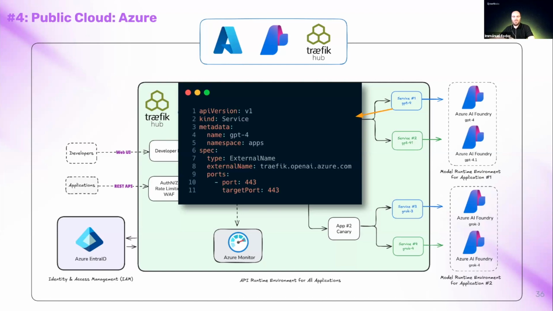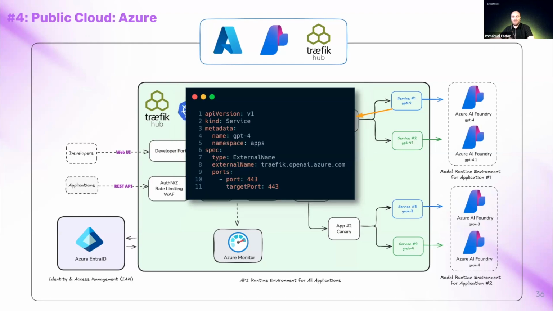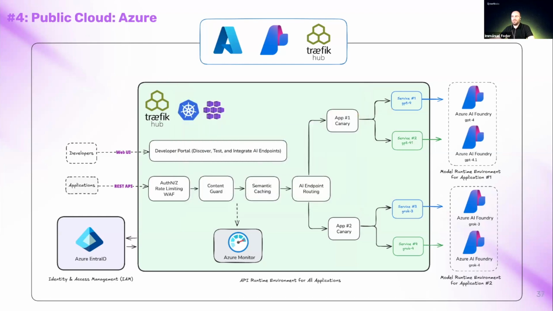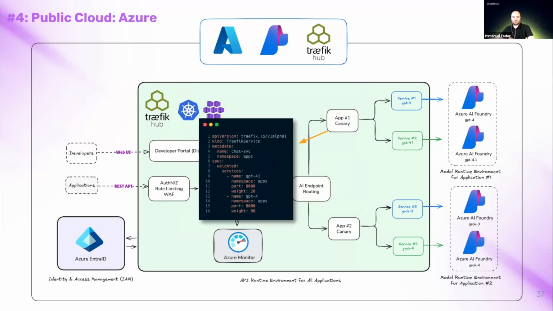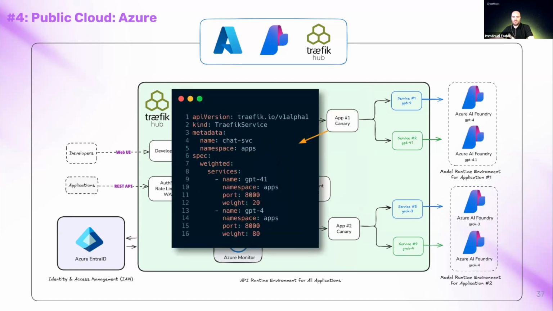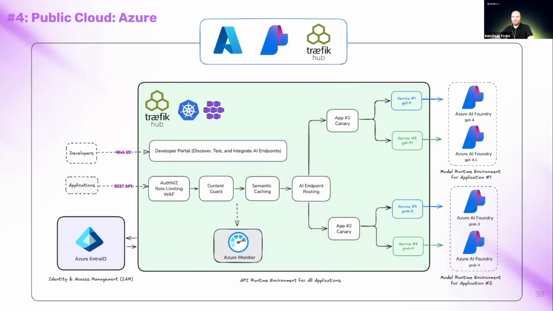And this is how now Traefik can discover this service in an instant and tap the canary mechanism into, again, now we're using different kinds of GPTs from OpenAI, but we could be using also Grok, all seamlessly, no need to change on the client. The routing stays the same.